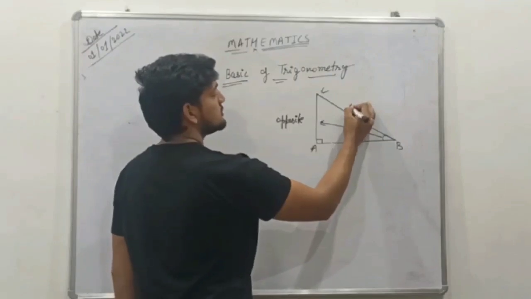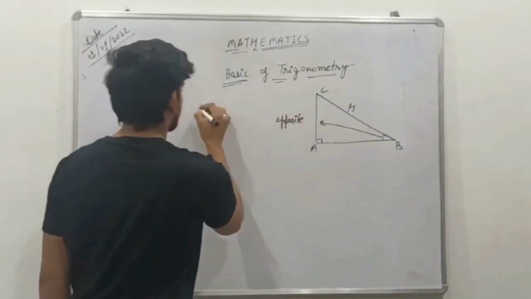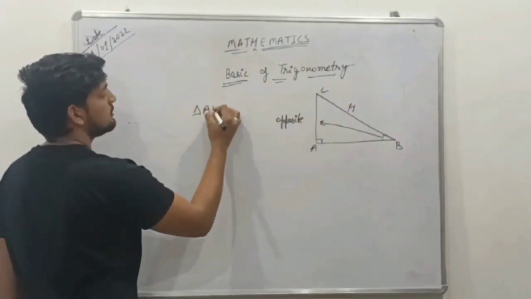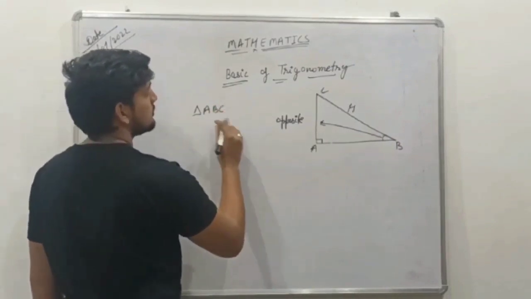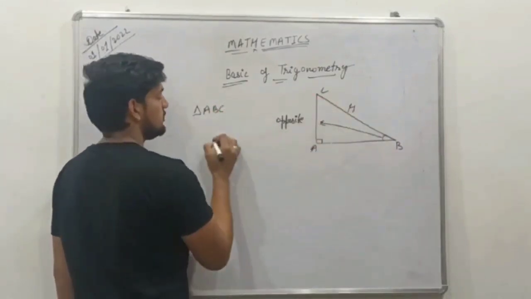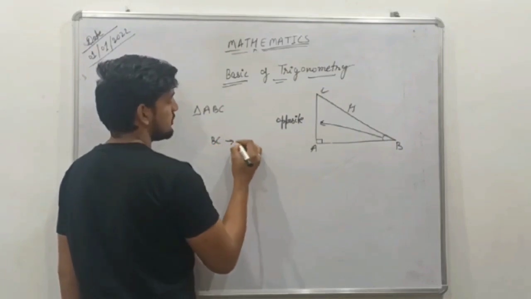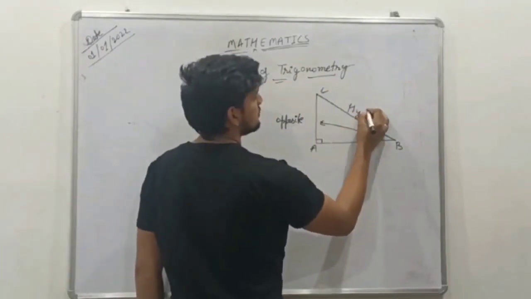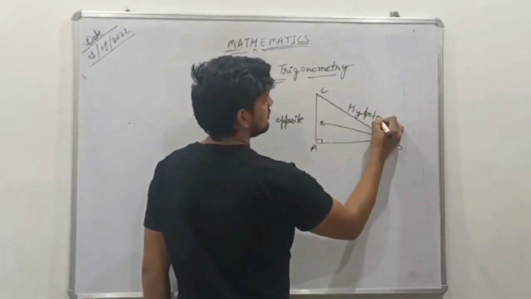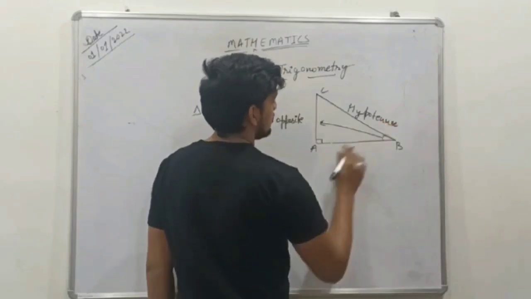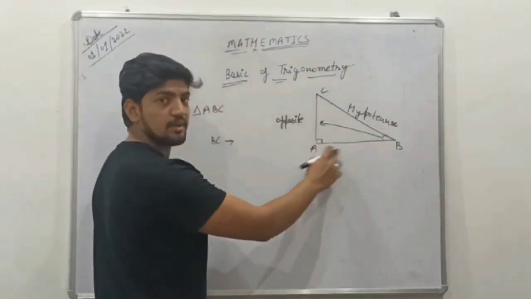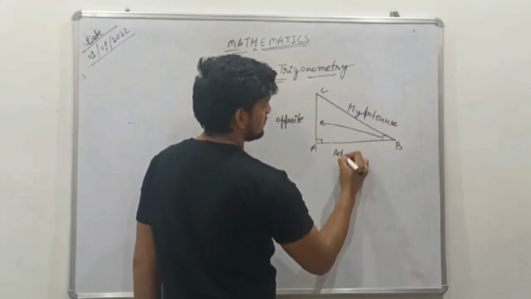In this triangle ABC, the side BC is the hypotenuse and the side AB is adjacent.